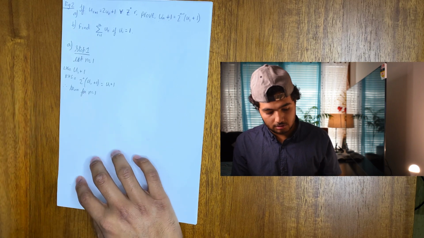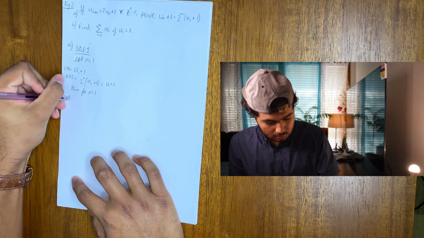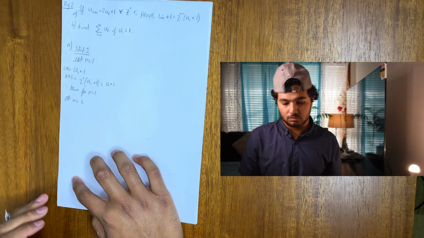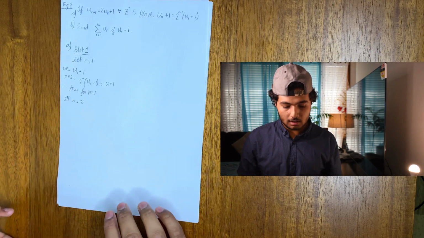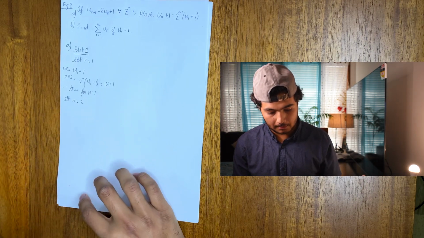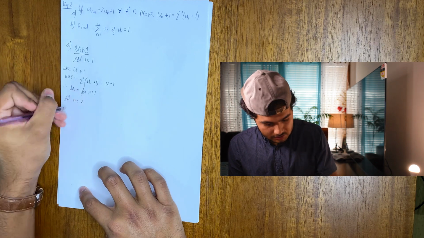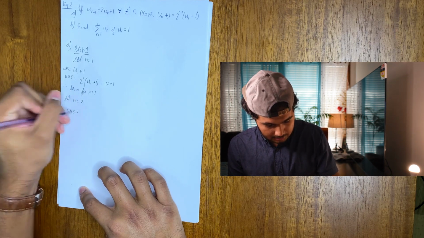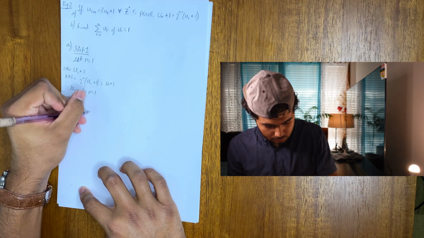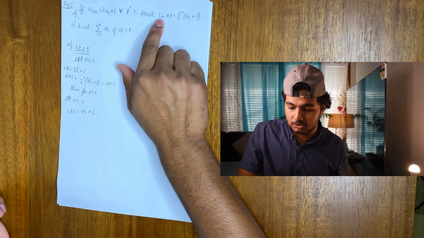Now we go n equals 2. Next step, LHS is u to the 2 plus 2, subbing 2 over here.